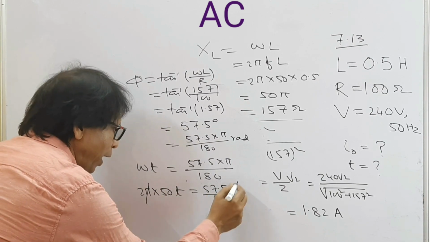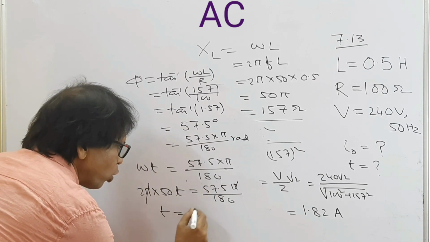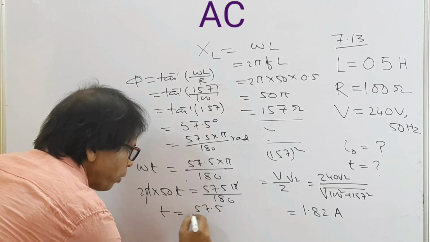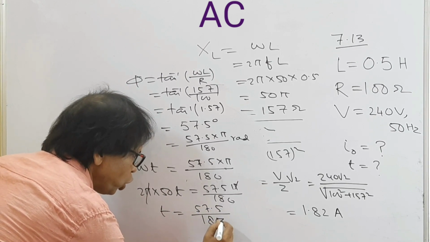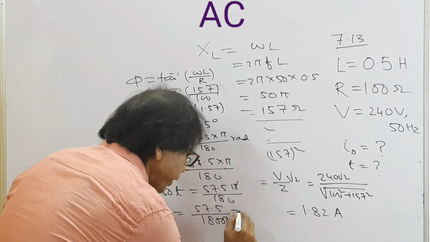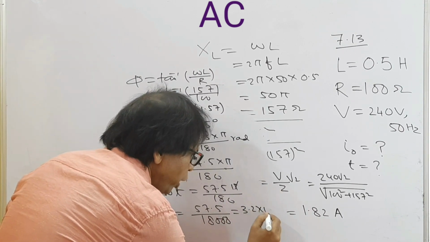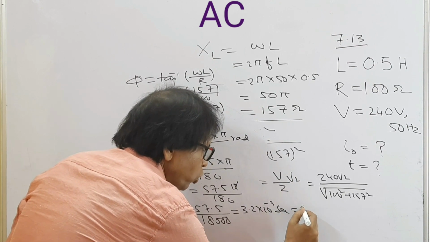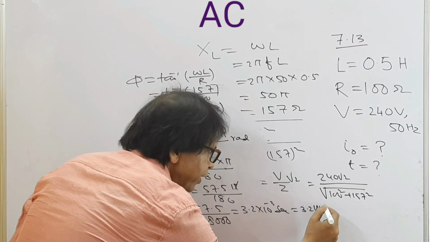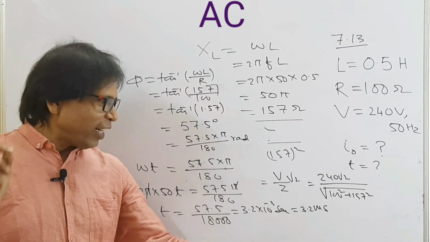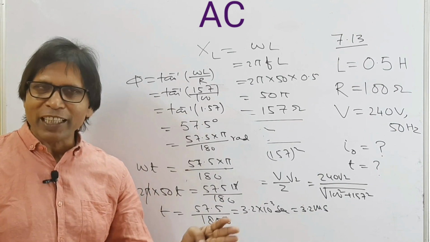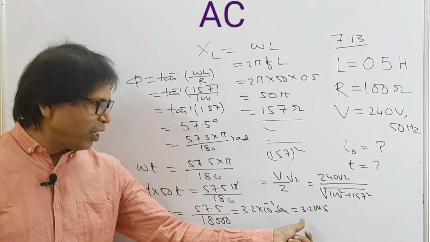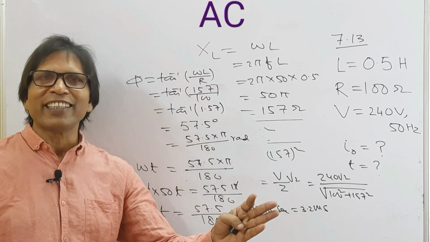Now pi and pi cancel out. So t equals 57.5 divided by 1800. This equals 3.2 times 10 to the power minus 3 second, which equals 3.2 millisecond. Therefore the time interval between current maximum and voltage maximum is 3.2 millisecond.